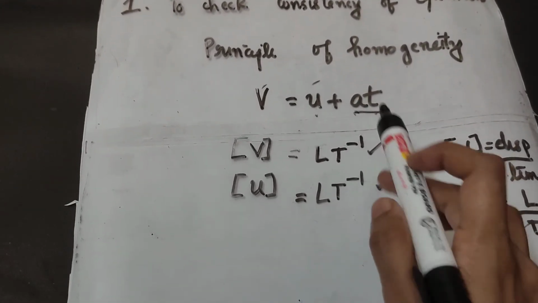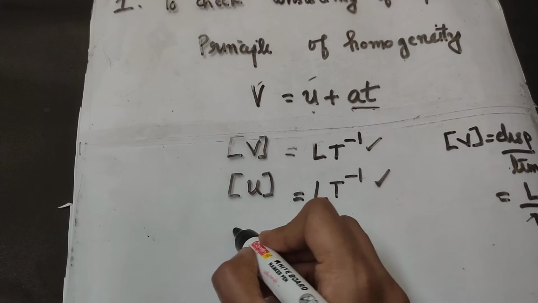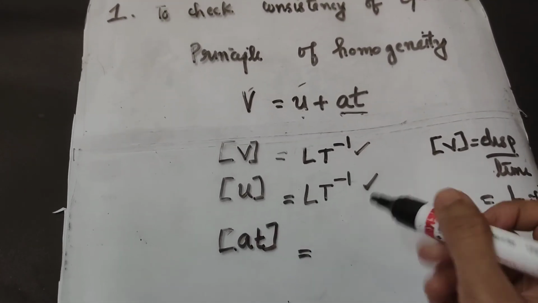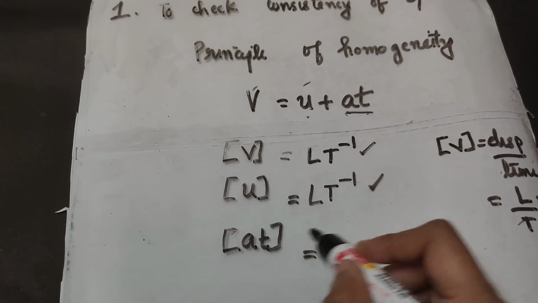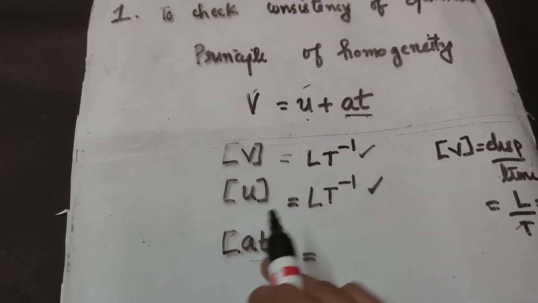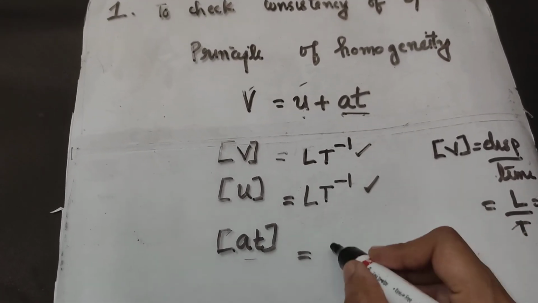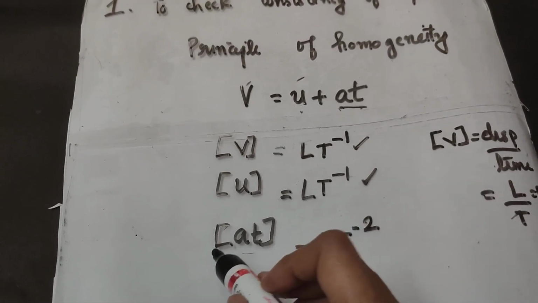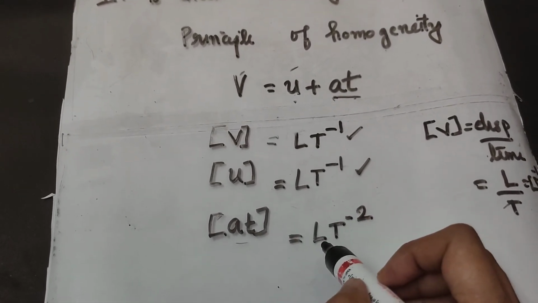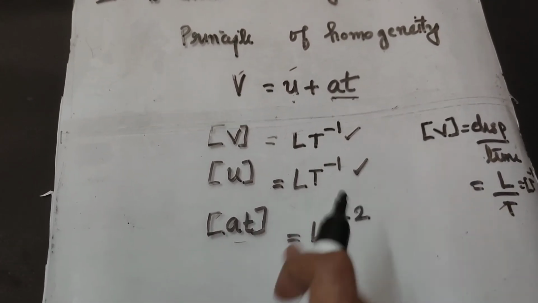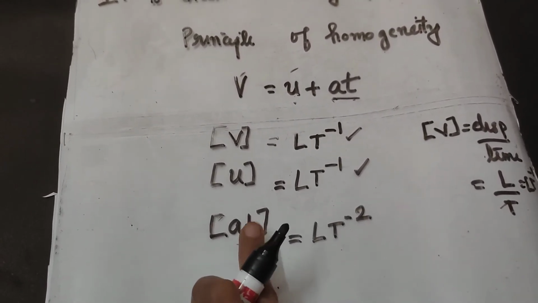Then let us take the third term. What is the third term? Third term is a into t. Let us write the dimension of this term at. What is the dimension of a? L t raised to minus 2. It is acceleration. Acceleration's dimension is given by L t raised to minus 2. Then t is time.